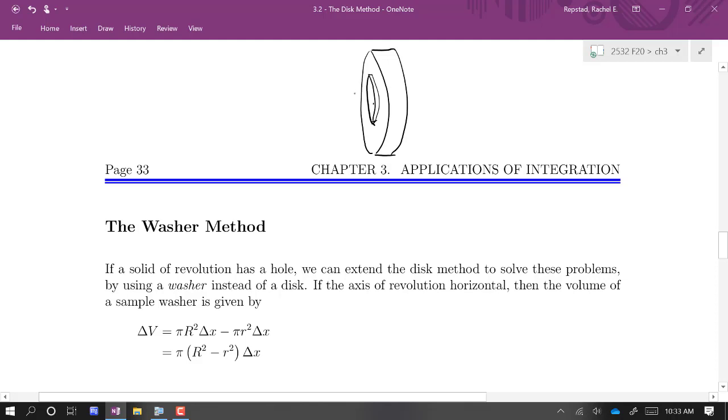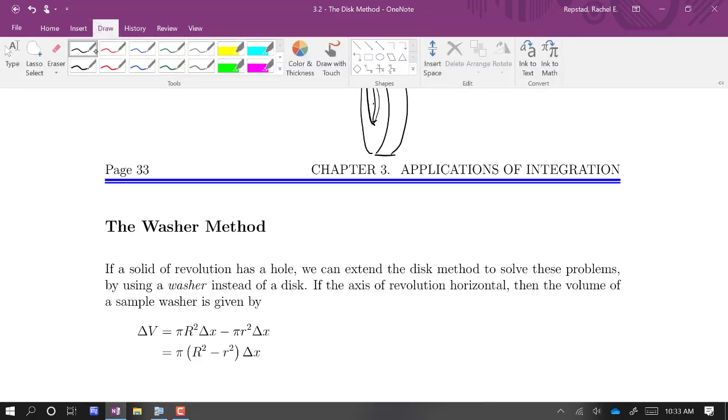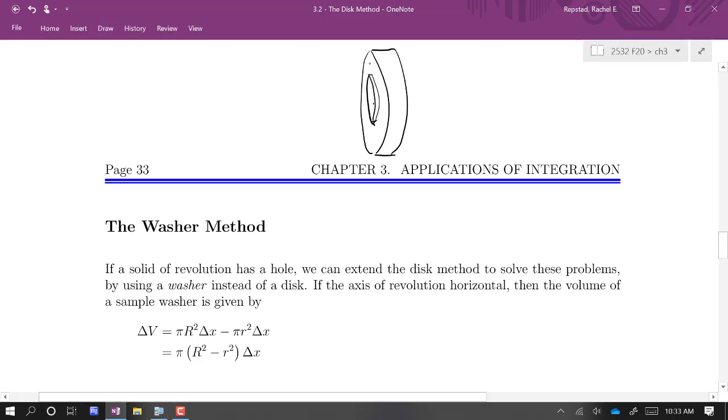So the way that we find the volume of this washer is I take the volume of the whole disk. Here's the center, and from the center out, that's the big radius, so I'm going to call that capital R. So I could find the volume of that, imagine there's no hole punched out at all. It's a solid, the full solid disk. That's pi big R squared delta x. Now the hole has the same delta x, right?